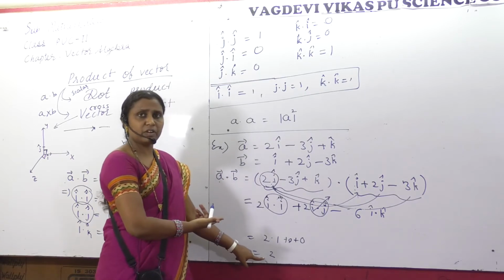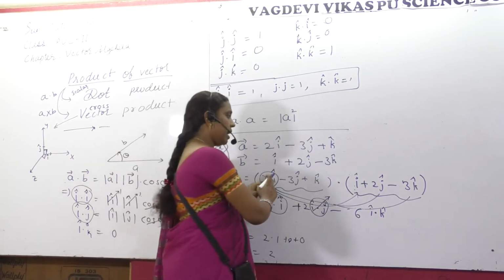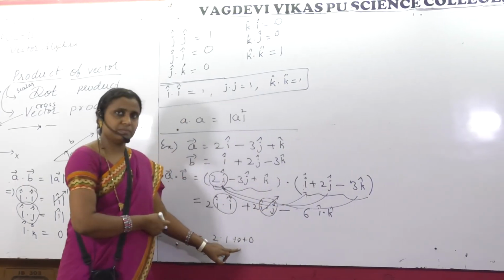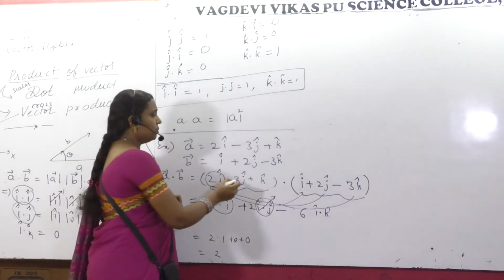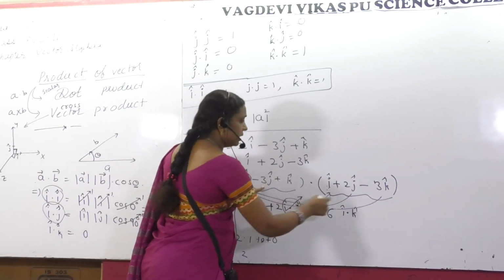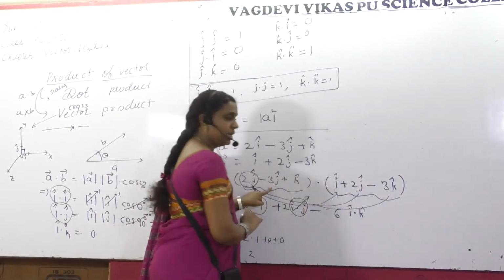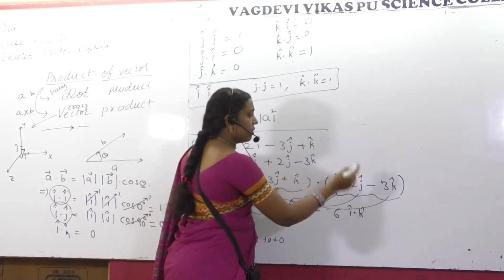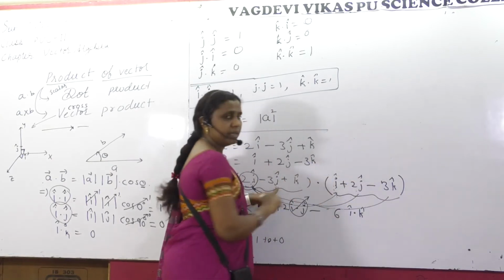It may be 0, it may not be. But with i, the combination of j and k always turns out to be 0. Next, with respect to minus 3 into, in that case, j into i is 0, j into j is 1, j into k will be 0.